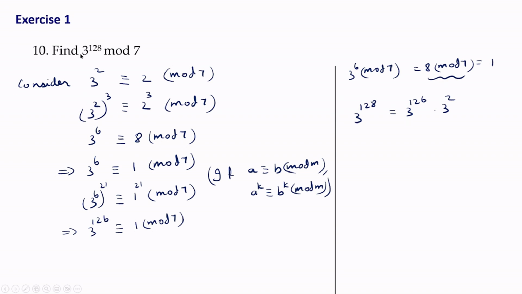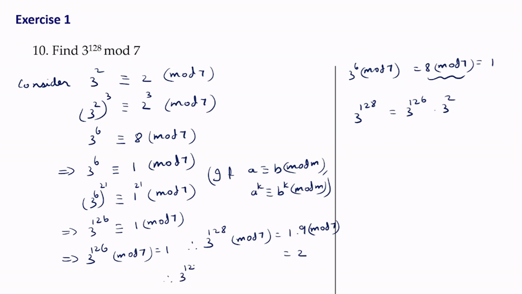We need 3 raised to 128. From this we get 3 raised to 126 mod 7 is equal to 1. Therefore, 3 raised to 128 mod 7 is equal to 1 into 9 mod 7. 9 mod 7 is 2.